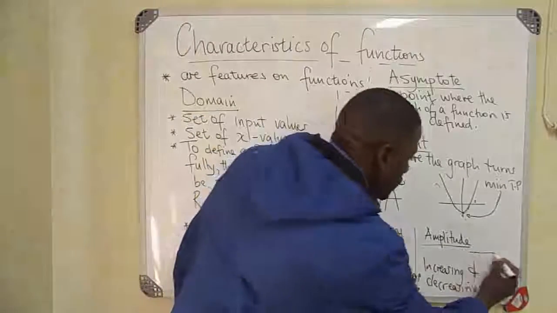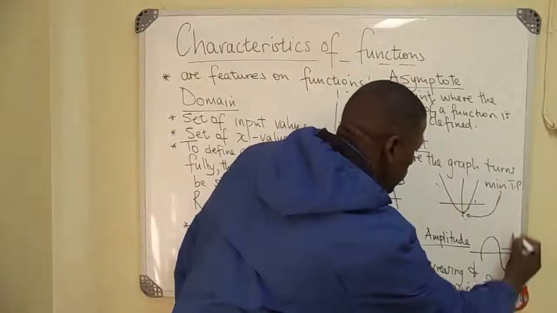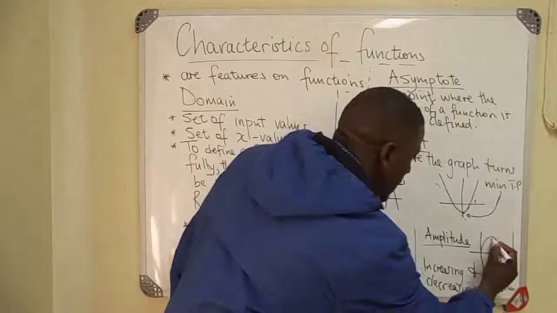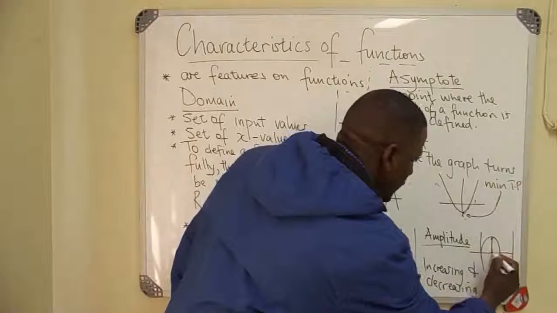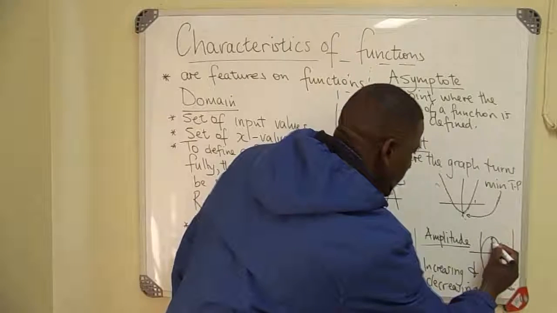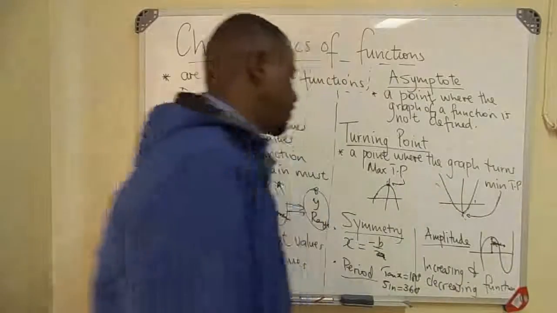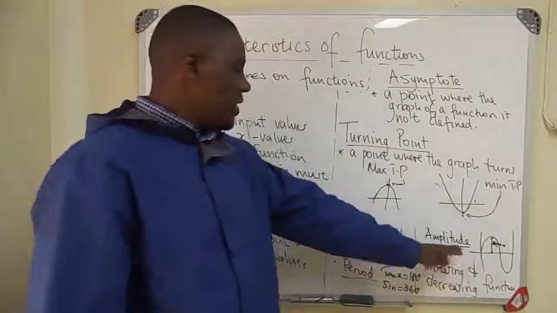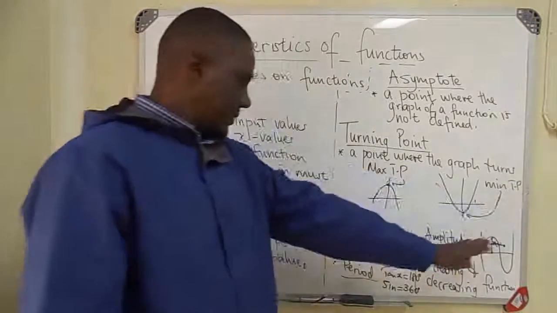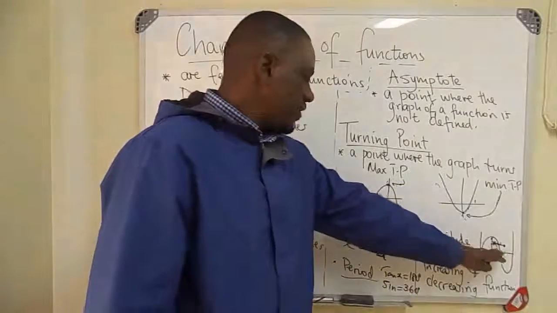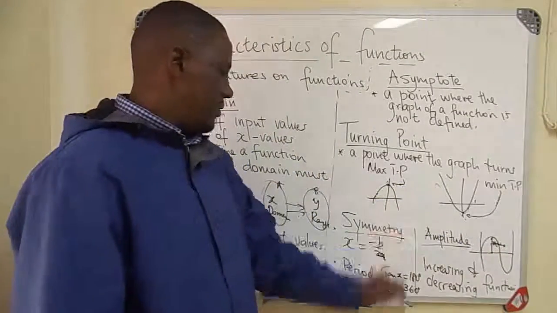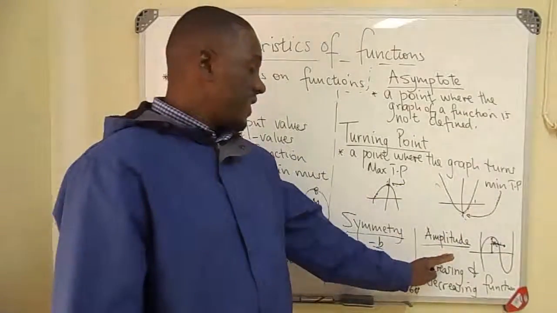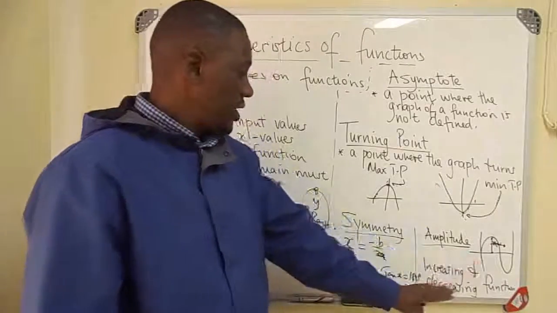If we have a function that goes like that, our amplitude is that distance. This is the amplitude: the maximum deviation from the x-axis. For sine and cos, our amplitude is 1. The tan graph does not have an amplitude.